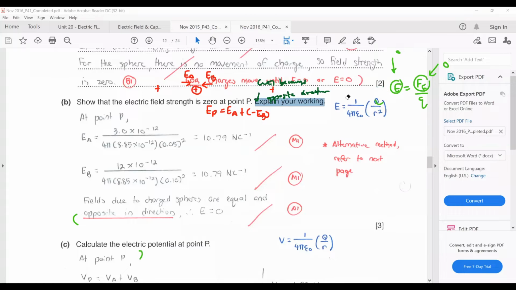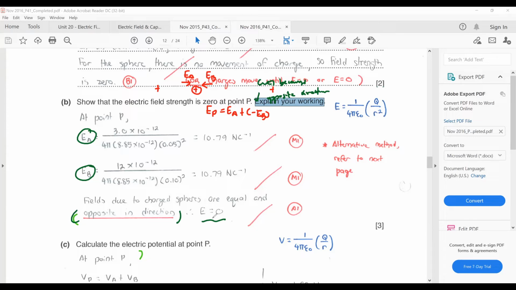The ones that you see being written here is just you finding the magnitude of the field strength due to A and B. And then after that, you explain further saying that the fields are actually acting in opposite directions, so they add up to 0. That is what the working here is trying to tell you. You show them what is the magnitude due to sphere A, what's the magnitude due to sphere B, and then you have to explain that both of them are actually in opposite directions.